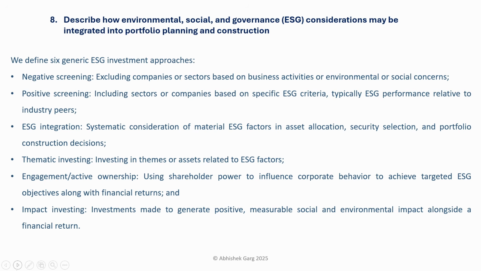In this case, investments are made to generate a positive and measurable social and environmental impact. Let's say you want to tackle pollution, and you are making investments so that you can make an environmental impact. You are creating a new company, or you are investing in such a company that is dealing with those.